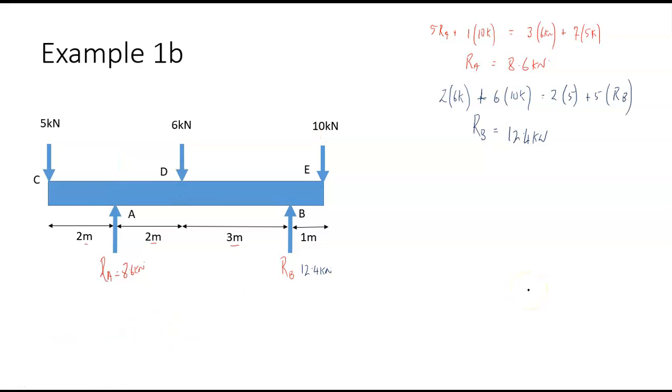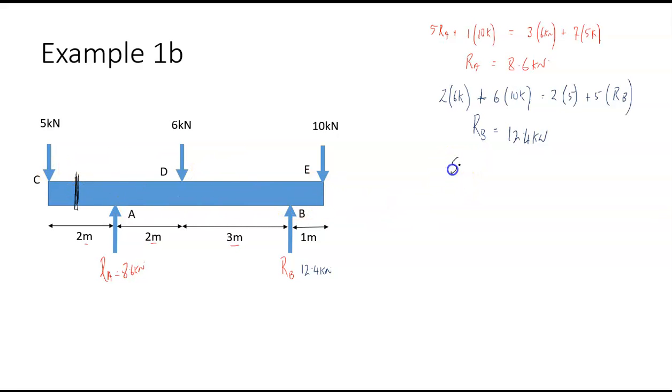So if I want to get the shear force and bending moments, I'll take a segment. So let's take this segment here, just in here. So the forces, and we only take the forces now acting on one side. So the force here is 5 kilonewtons going down.